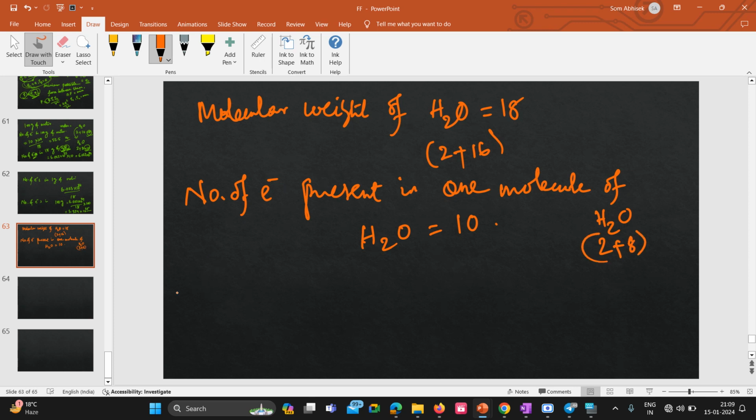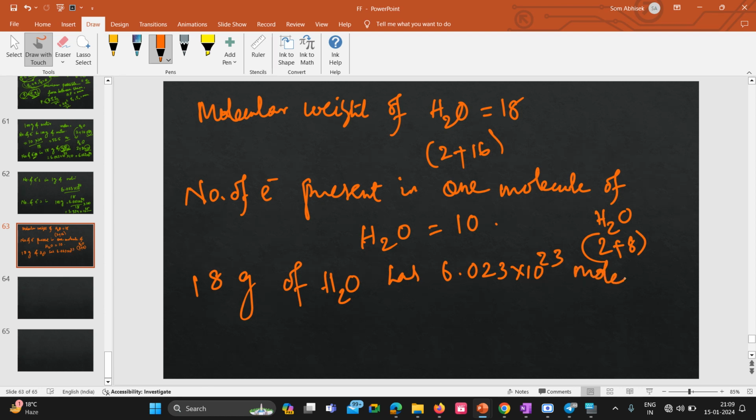Okay. So, if you couldn't understand the previous question, now you can understand this one, I think. 18 gram of water has how many molecules? It has 6.023 times 10 to the power 23 molecules. We know it. We have studied this in chemistry. Alright, molecules.